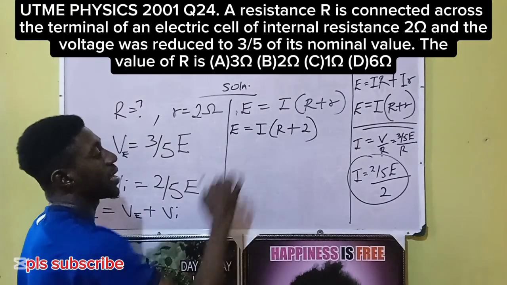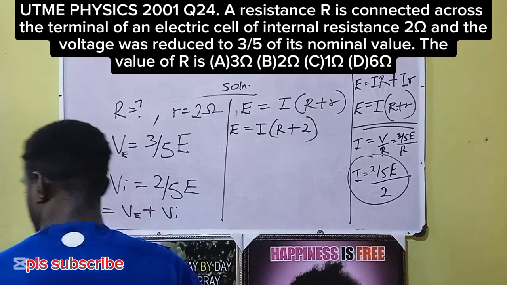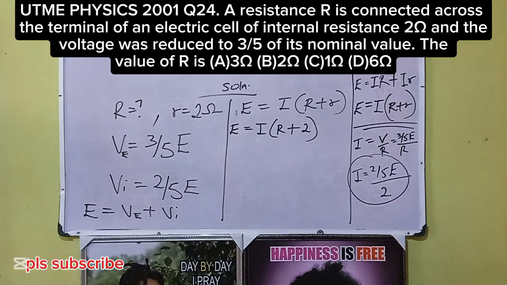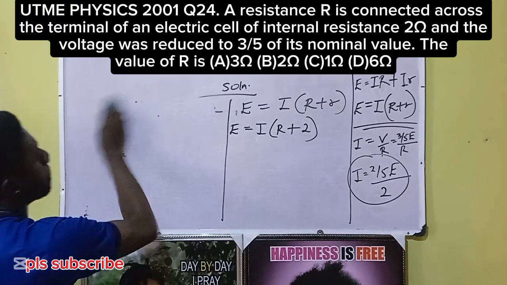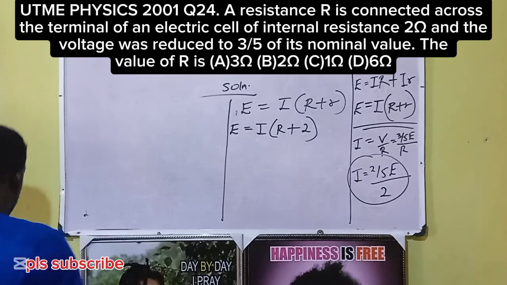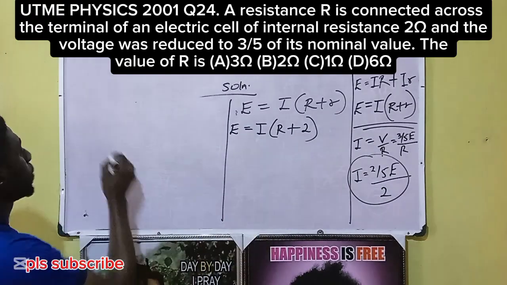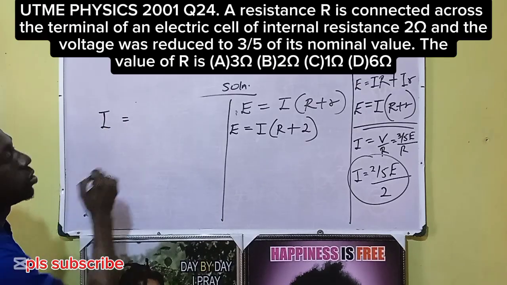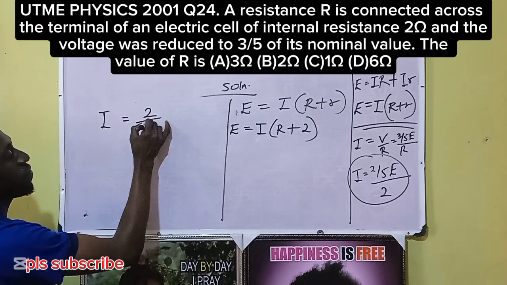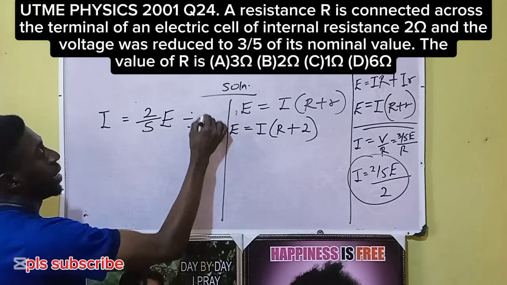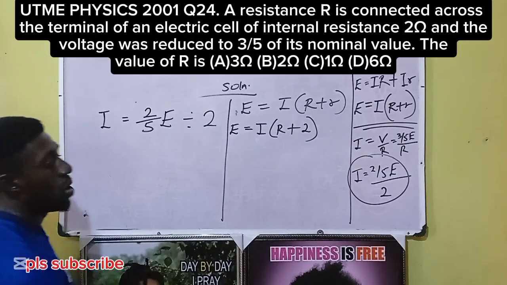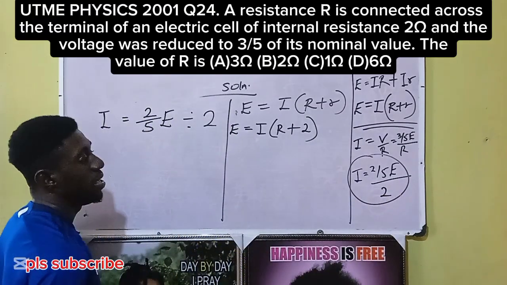Then before we bounce back here, let's find current. To get current, I is equal to 2 over 5 E, that's EMF, divided by 2, where this is the internal resistance.